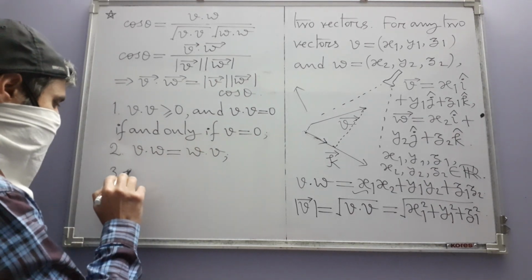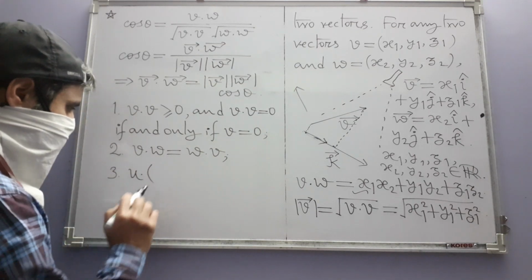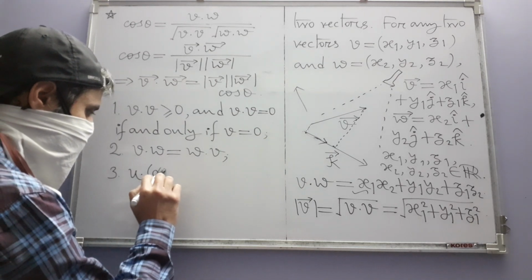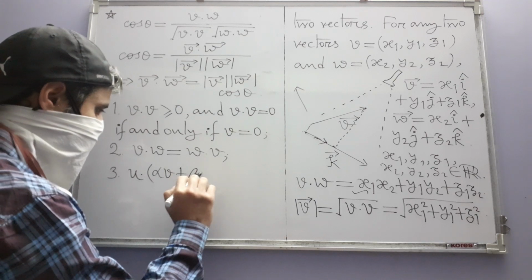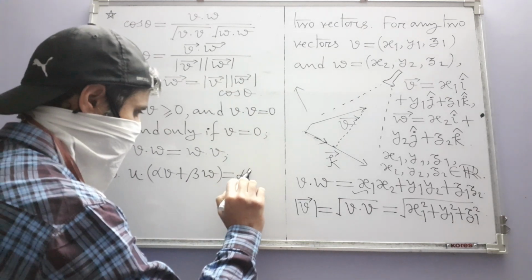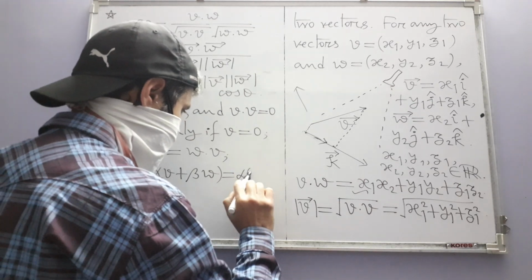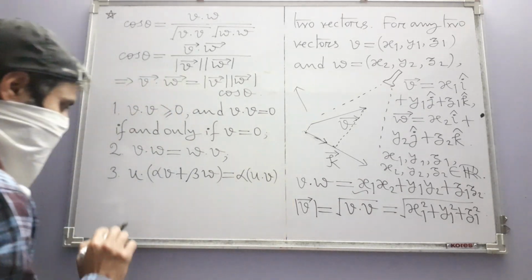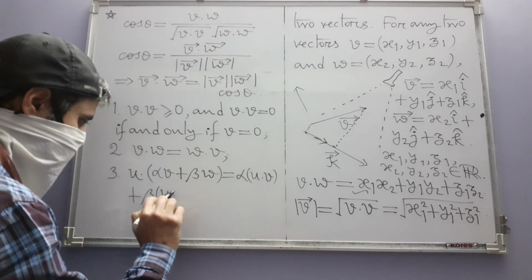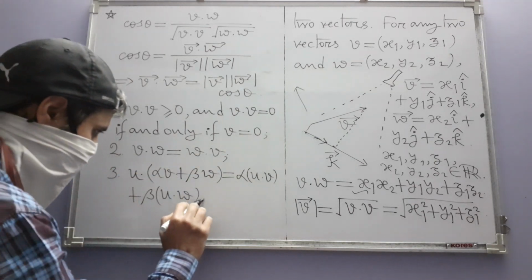Say you take another vector u, then u dot, we throw in scalars also in order to make it somewhat more general, alpha v plus beta w is equal to alpha times, oh this is not v, this is u dot v plus beta times u dot w. Dot product distributes itself over vector addition.